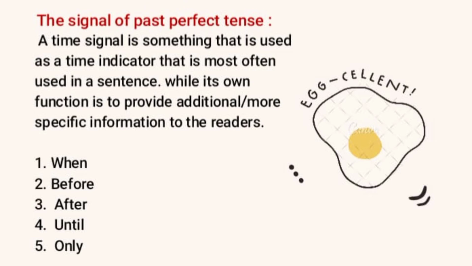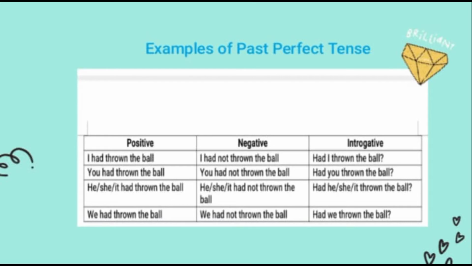And a sentence will not be complete without an arrangement. In sentences using a time signal, the time signal will be placed at the beginning, middle, or end. So, these are examples of the use of past perfect tense in sentences.